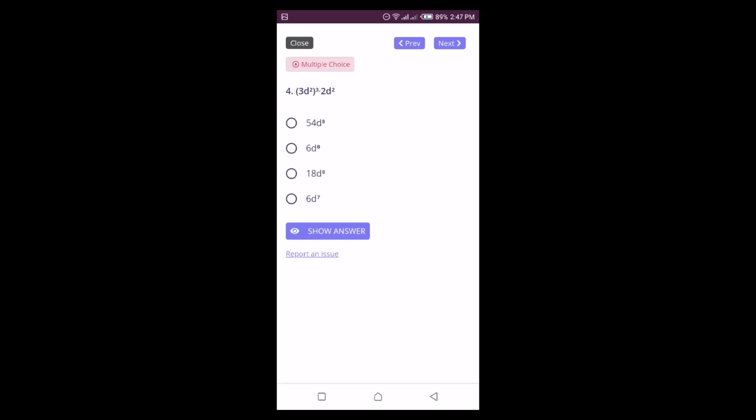If you are still not getting this question, I can help you. Just tell me the first step. I think it's 6d raised to the power of 8. Wait, let's solve it right here. Okay, you are saying it's option B, this one.